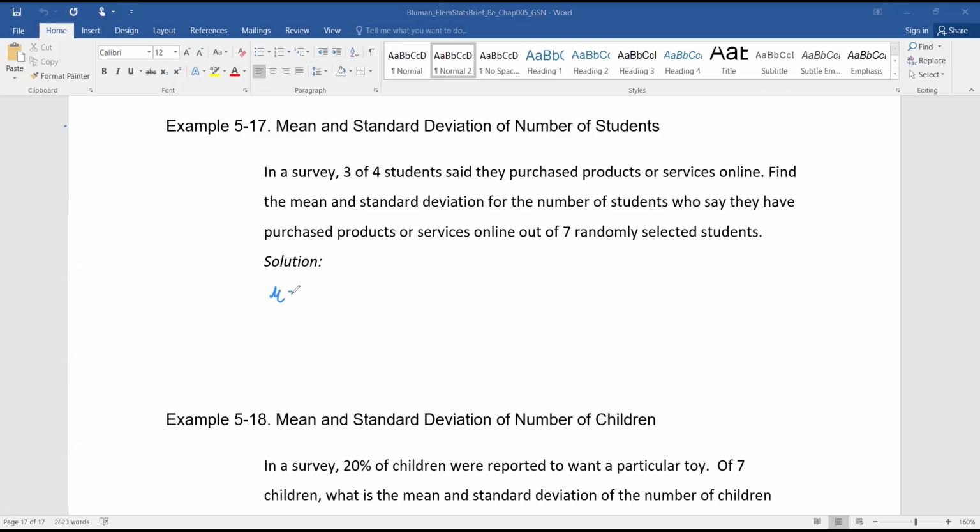Again, the mean is N times P. There are 7 randomly selected students. Probability of success is 0.75. So that would be 7 times 0.75, which comes out to be about 5.25. So on average, we should get 5.25 students saying that they do purchase products or services online.